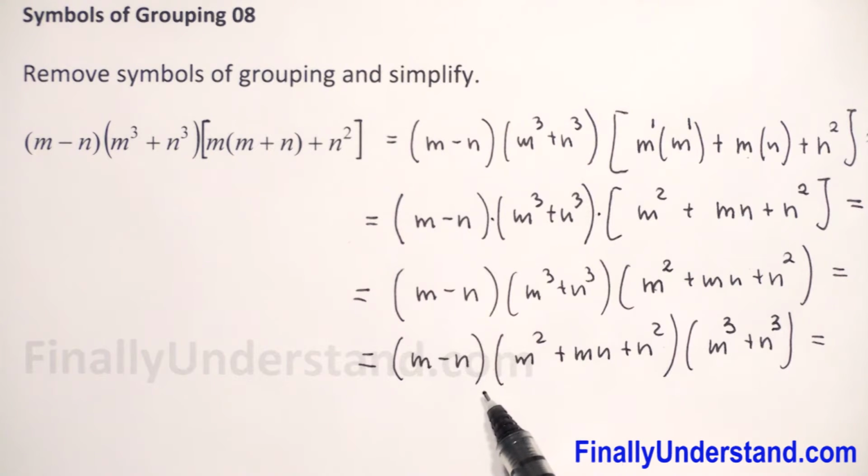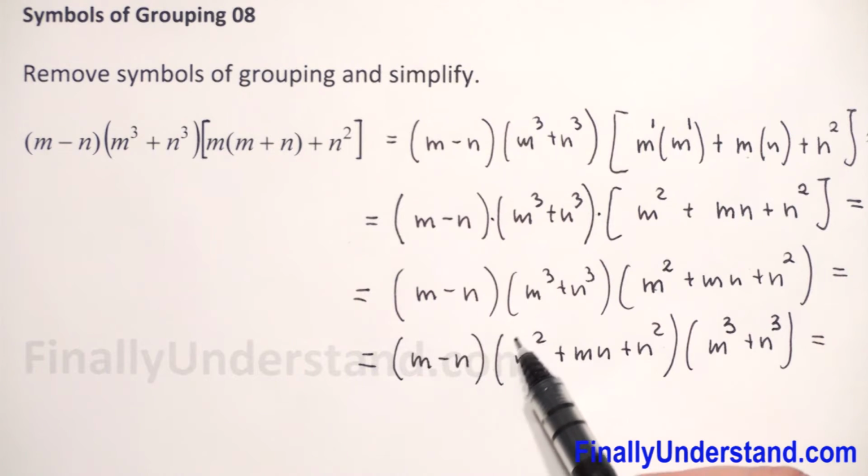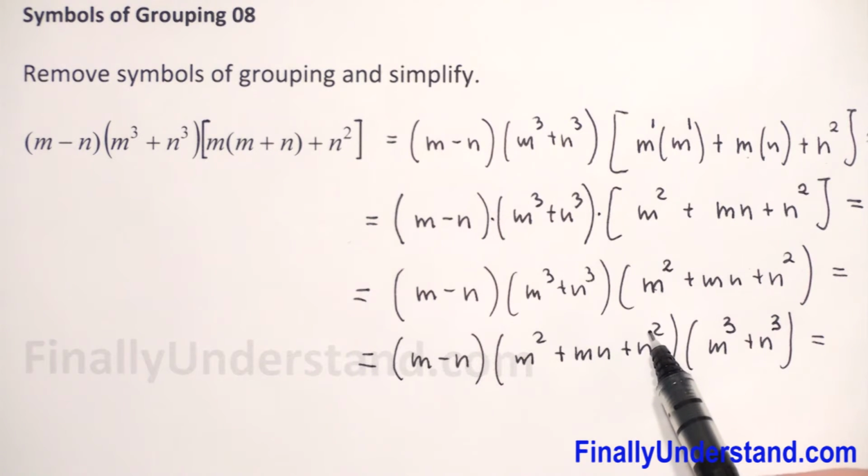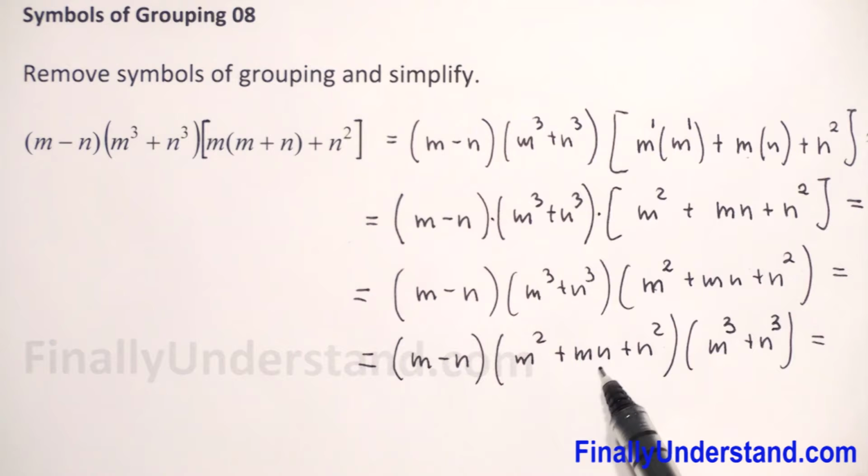If you don't see this, you can multiply every term from the first parenthesis by every term in the second parenthesis. And when you combine the like terms, you will have difference of two perfect cubes.